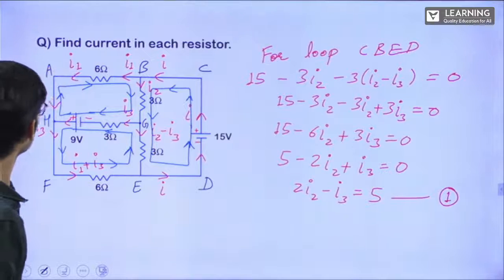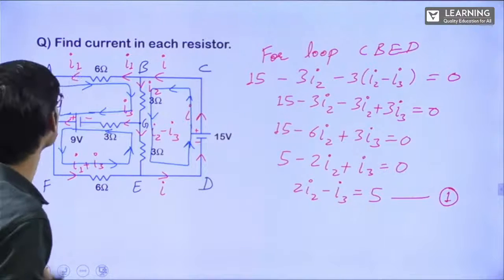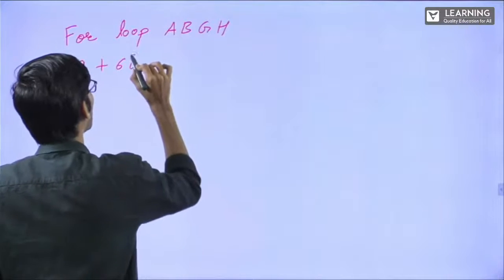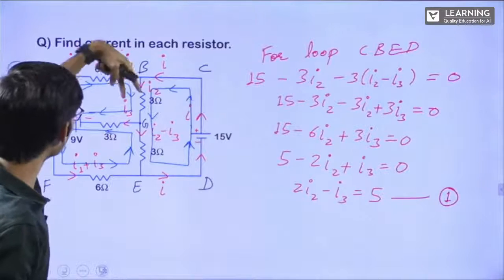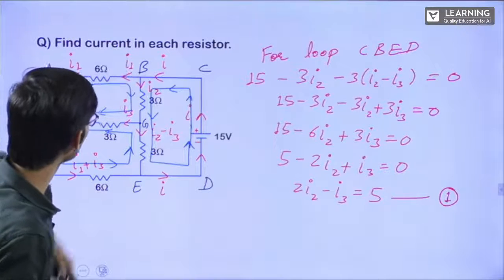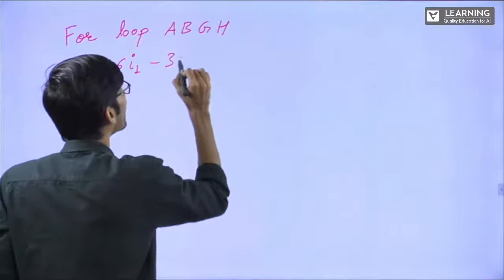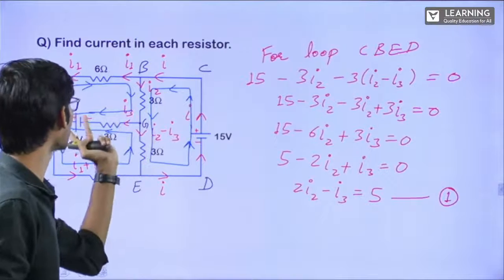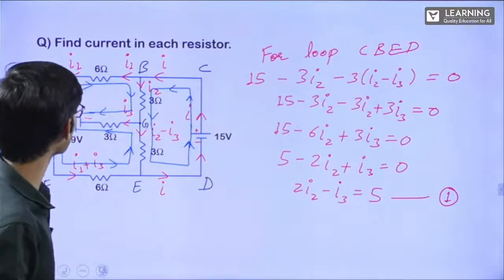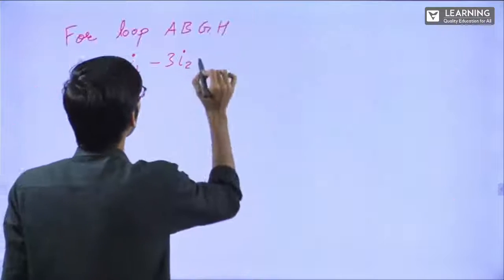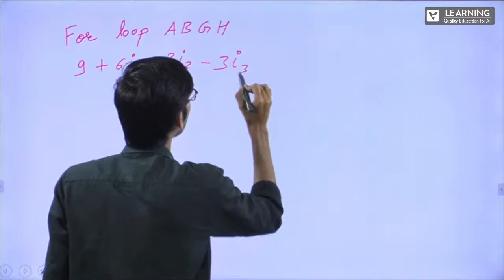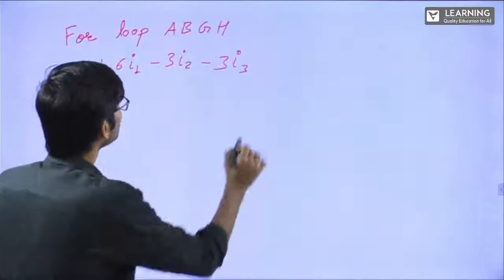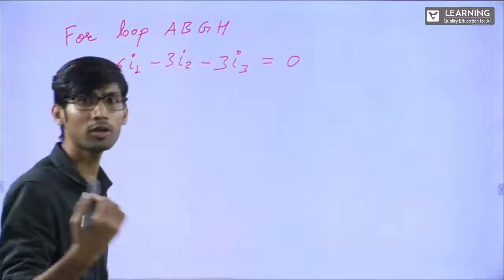So it will be plus 6 and current is I1. Then again going here, it is in the same direction as that of current, so it will be minus 3I2. Then here, same direction of current, that is 3, same direction means minus 3I3. Correct? This is I3. Then we came to the same battery, so this is equal to 0. In a loop, it is 0, right?